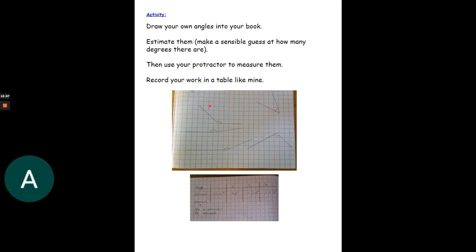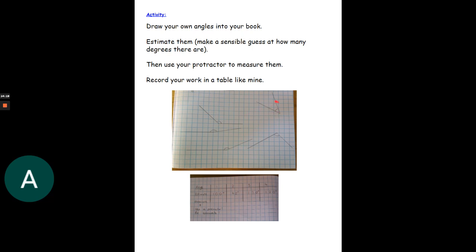Number 1, I needed to label which one was number 1, sorry, so here we go. We'll say this was number 1, where my red dot is, and my estimate is 100 degrees. Why is my estimate more than 90? That's correct, it is an obtuse angle.